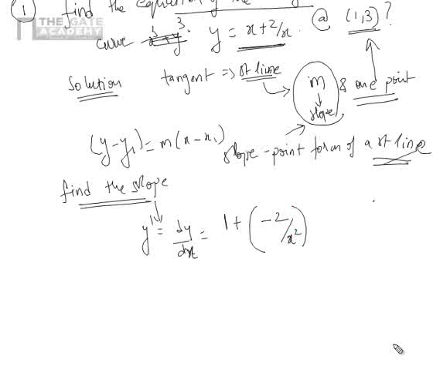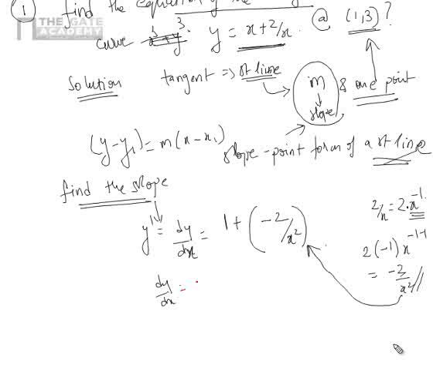How? Because 2 by x is nothing but 2 into x power minus 1, and x power minus 1 on differentiation will give me 2 into minus 1 x power minus 1 minus 1, that is minus 2 by x square. Correct? I am substituting the result here. So dy by dx is 1 minus 2 by x square.